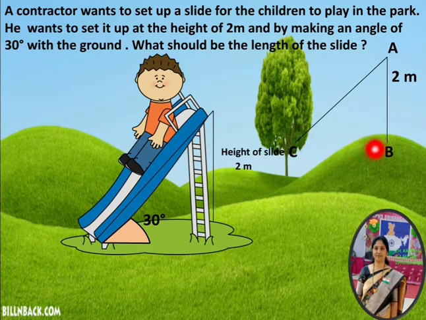And BC becomes the ground, and given that this line makes a 30 degrees angle with the ground, so here we get a 30 degrees angle. And we know that AB is the height, so at B we get the right angle. So at B there is a right angle, and at C we have the angle 30 degrees.